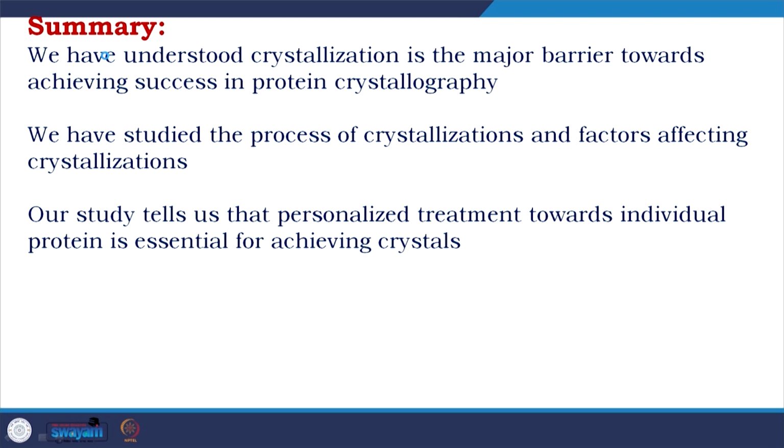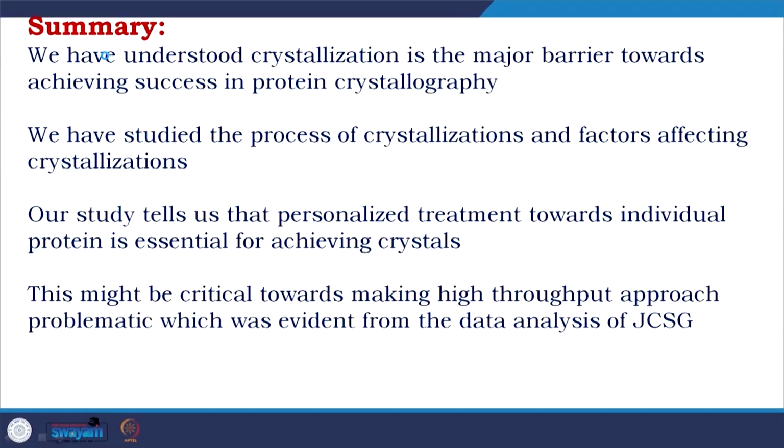We have shown you proteins where you do everything and do not get crystals. With some protein engineering strategies you could get crystals, with some other strategies of ligand addition and domain selection you could get crystals. So, personalized strategies are required, and when we talk about this personalized treatment, that might be critical towards making the high throughput approach problematic.